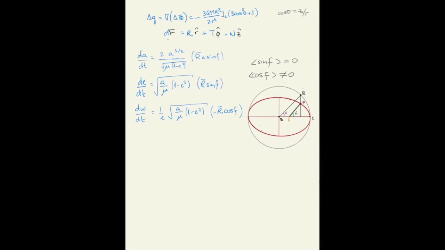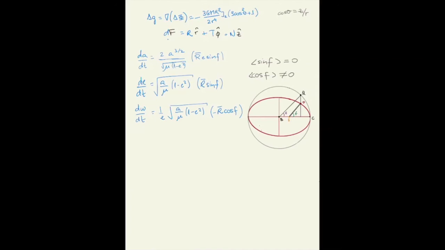But it spends equal amounts on the upper part of the orbit as on the lower part. Therefore, the sine being positive here and negative here is going to average out to 0. But you cannot say that about the cosine, because the cosine is positive on this part of the orbit and negative on this part. And the planet spends more time, or it's slower, on the negative cosine part of the orbit than on the positive part.